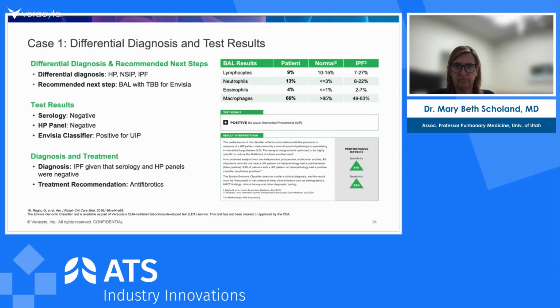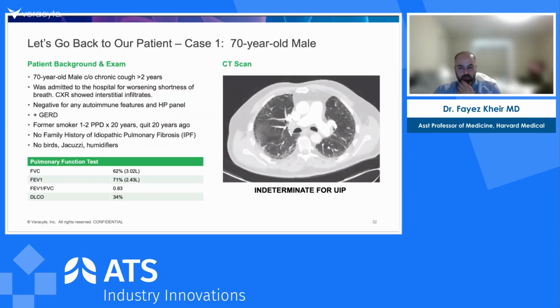I think we can discuss. I think in a situation like this where you have features leaning towards an idiopathic etiology, but you have a non-diagnostic CT scan, you certainly want more information. A cryobiopsy, as we highlighted, you can do a cryobiopsy and get the Envisia classifier with it, and a lot of people do that.